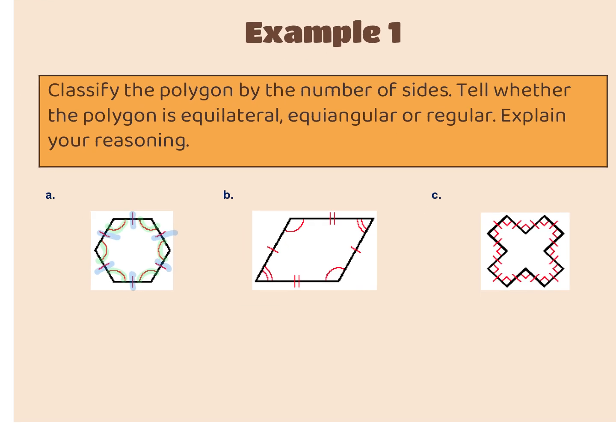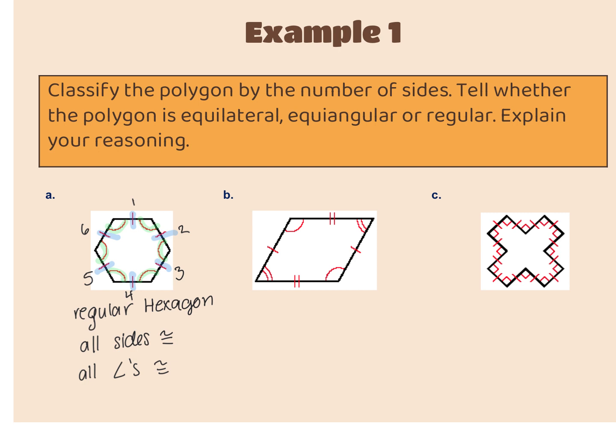So this is considered a regular... what kind of shape is this? How many sides? 1, 2, 3, 4, 5, 6. This is a regular hexagon. How do I know that? All sides are congruent and all angles are congruent.